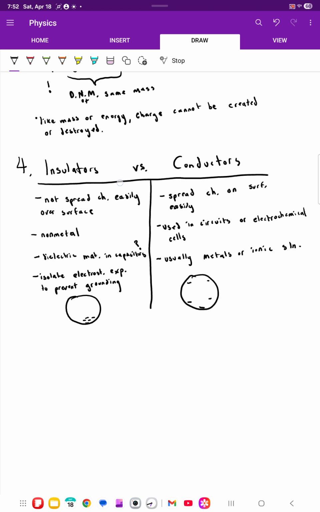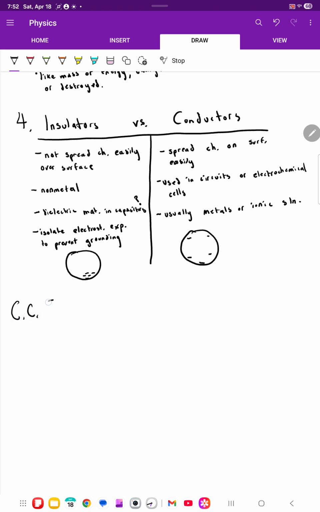Concept check 5.1 says, when placed 1 meter apart from each other, which will experience greater acceleration: 1 coulomb of electrons or 1 coulomb of protons?